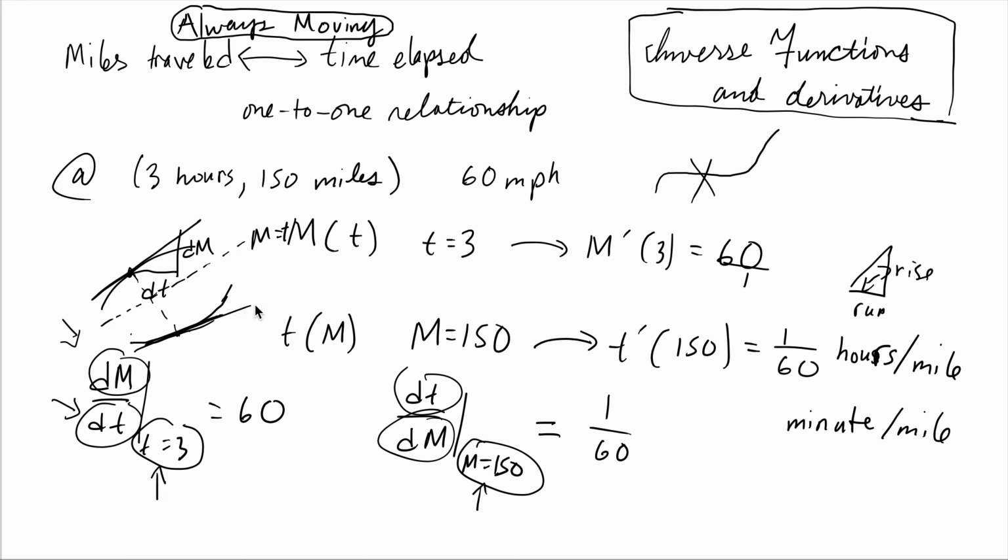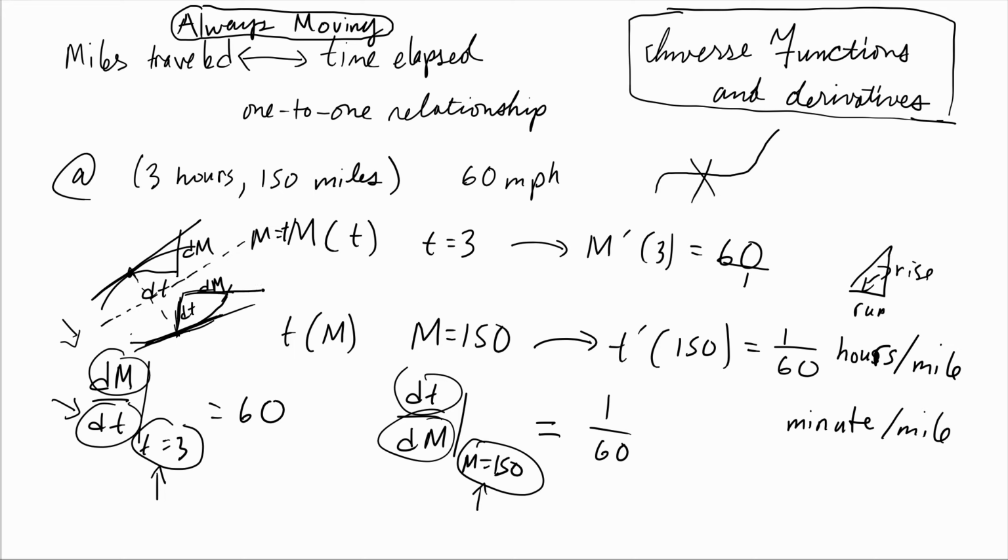You have a tangent line here. Maybe I'm not drawing it exactly right, but the idea is that this triangle reflects across, and this dt will be upward, and dm will be, so dt and dm. Notice how you get that reflection.